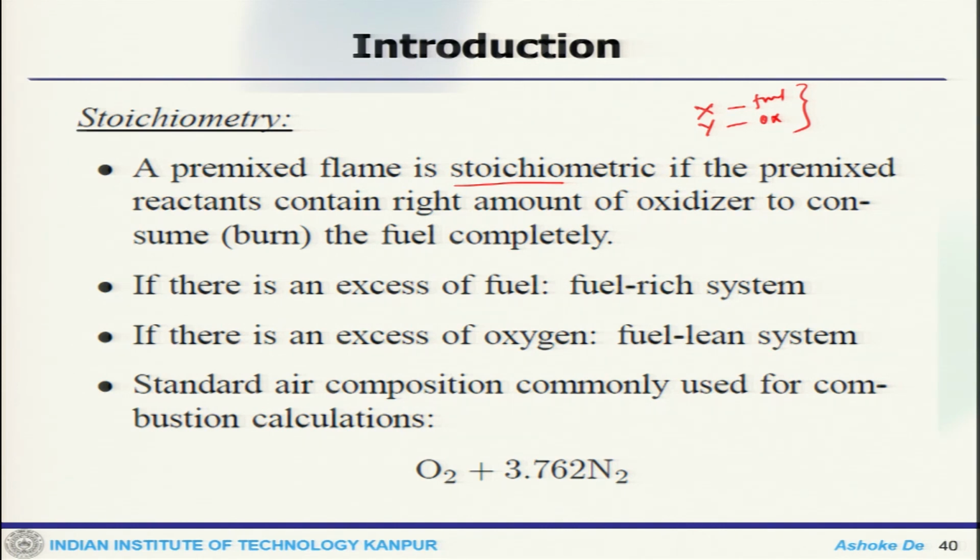If, for example, the fuel is in excess, then one can say it is a fuel rich system. If there is an excess of oxygen, or I would say oxidizer, because the fuel could be burning in oxygen or in another oxidizer, then it is a fuel lean system. And typically the standard air composition, as we have seen, is oxygen and nitrogen by volume.